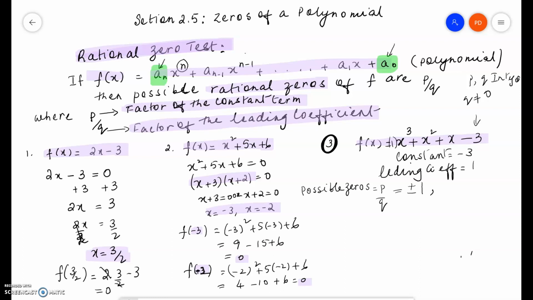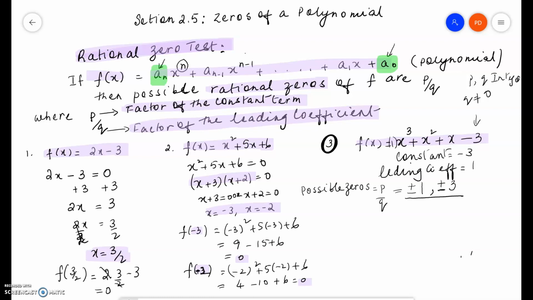And +3 is also a factor because 3 goes into -3, -1 times. -3 is also a factor. So in the numerator, we have plus or minus 1 or plus or minus 3. These are the possibilities.